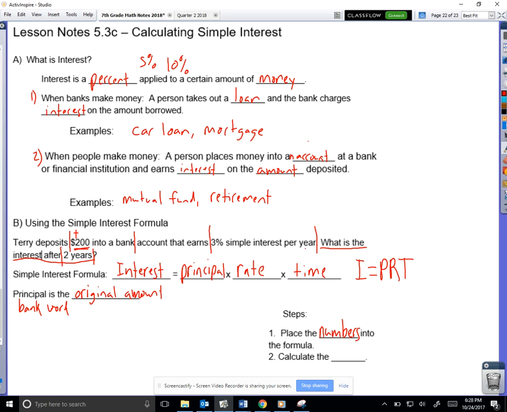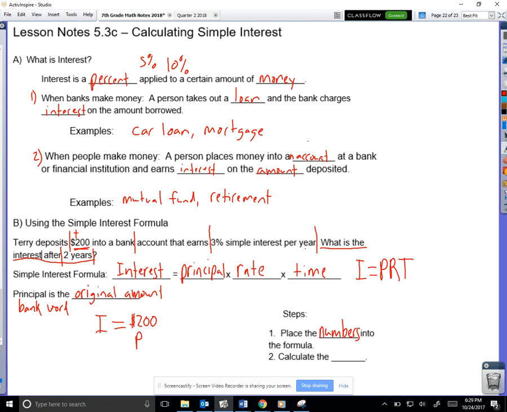That's how they abbreviate it in the math world. Let's get these numbers in here. We don't know what the interest is yet, so we say I. The interest is going to equal the principal, which is the amount Terry put in, our $200.